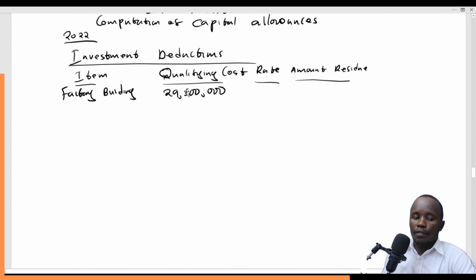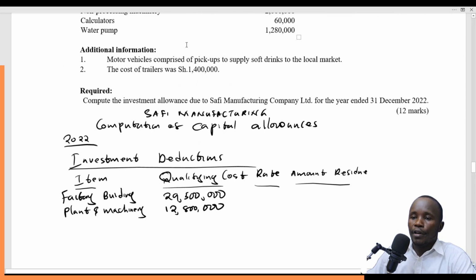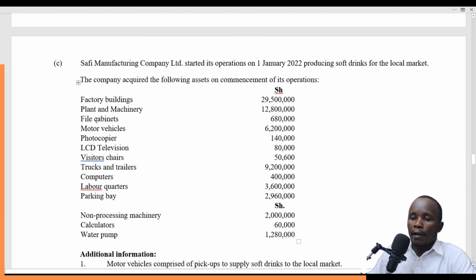That is another qualifying cost. Unless plant and machinery are specified otherwise, they remain for the purpose of manufacturing. We are moving in order. File cabinets will go to wear and tear; we can't bring them to investment deduction.